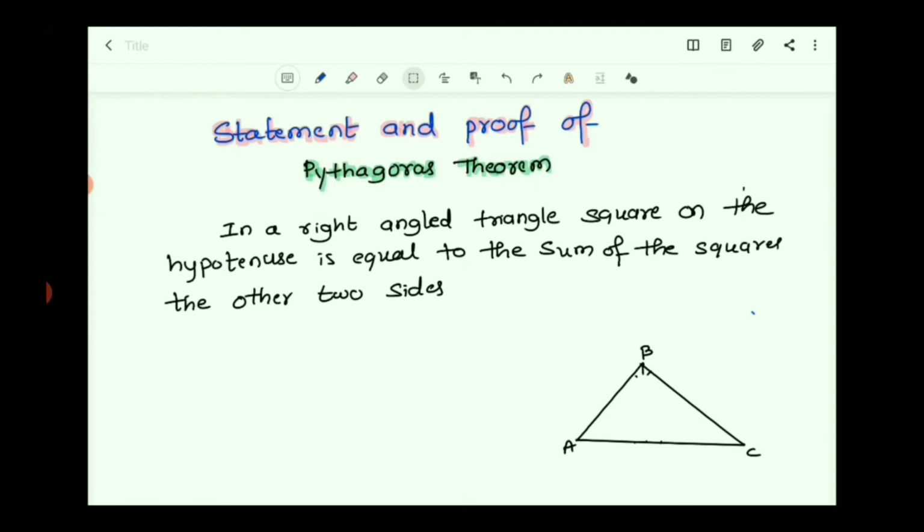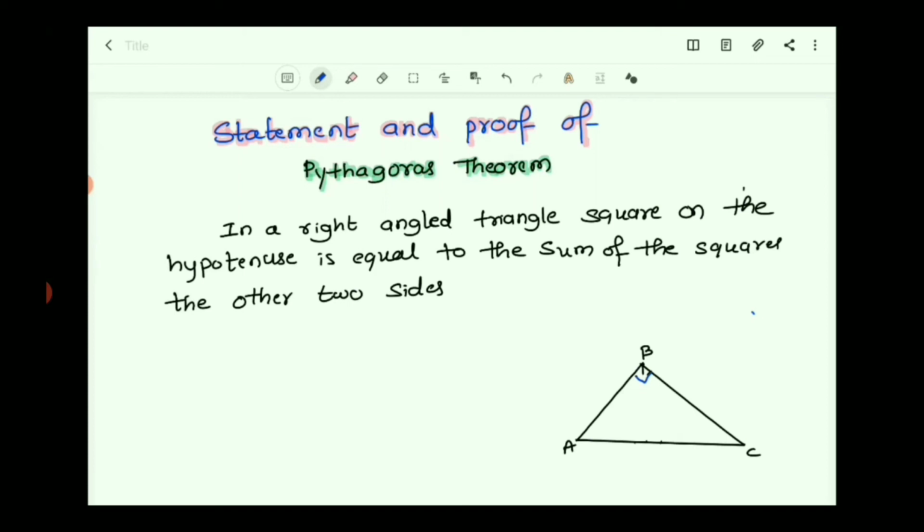Now let us prove this theorem. Draw the right angled triangle ABC, where angle B is the right angle. Now, what is given?